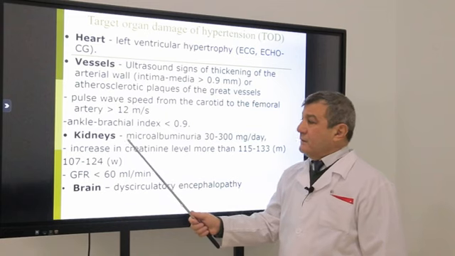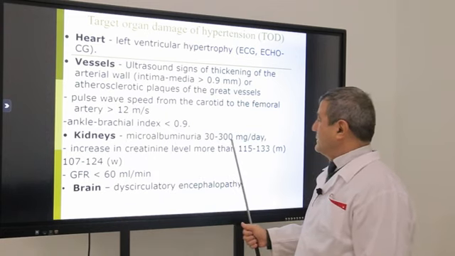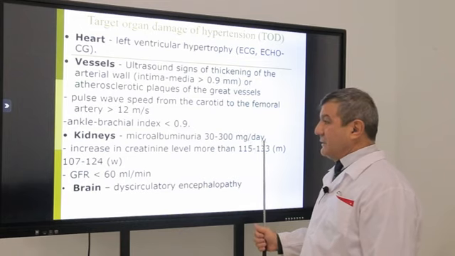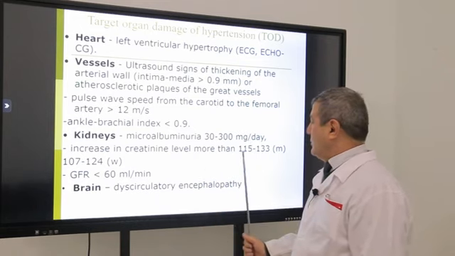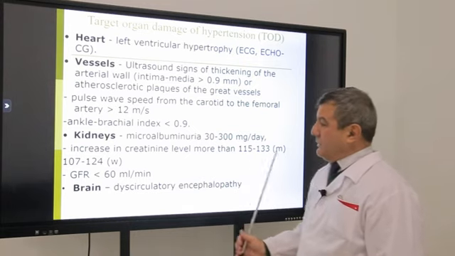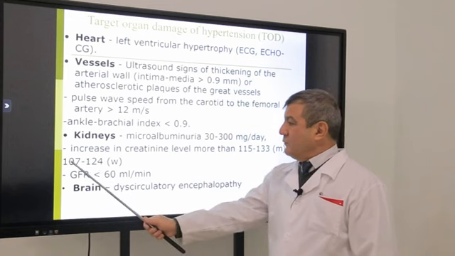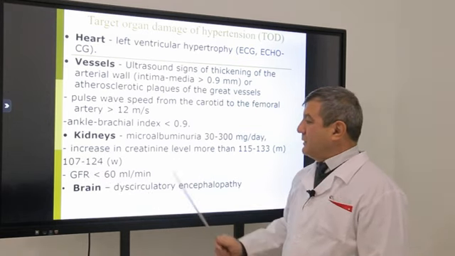Kidney: microalbuminuria 30 to 300 milligrams per day. Increase in creatinine level more than 115 to 133 in men and 107 to 124 in women.